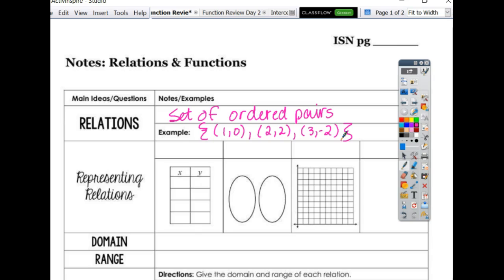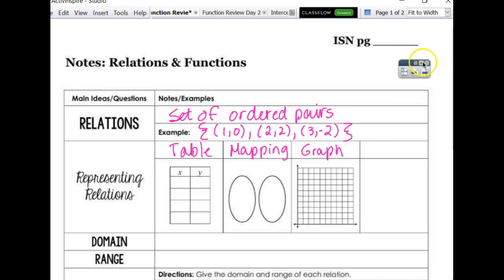The parentheses indicate the ordered pair, and we have an X and a Y. And we have 4 different ways of representing a relation. We can have a table, a mapping, a graph, and an equation.